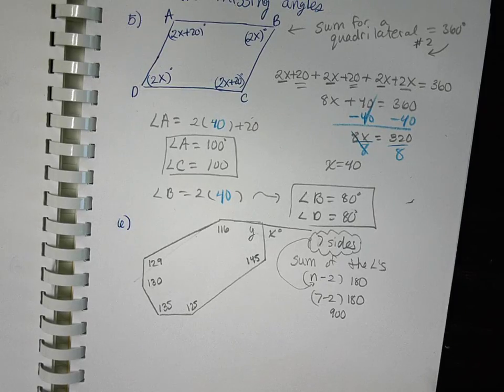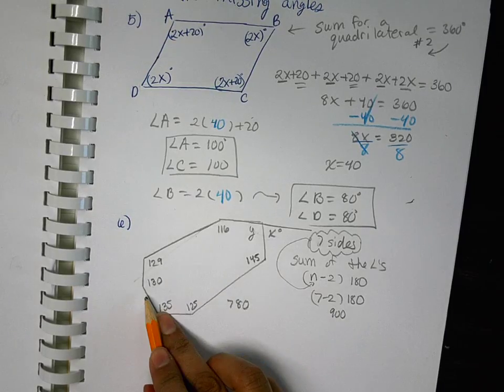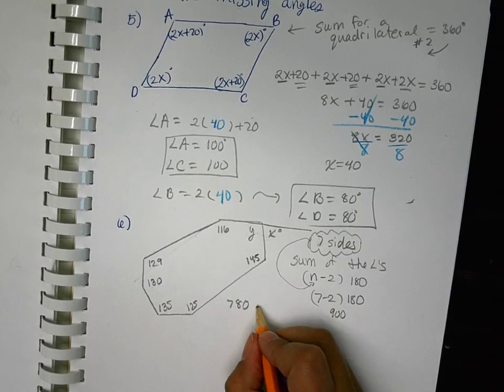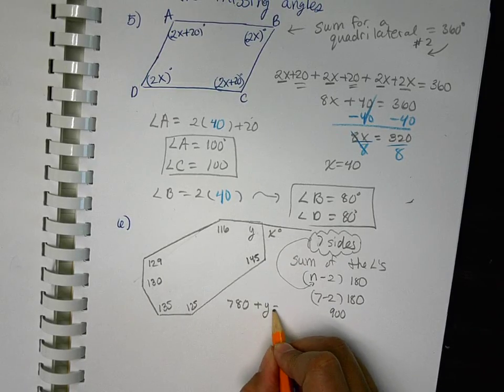What is it? 780. So is 780 my final answer, or just the sum of these angle measures? So 780 plus y equals 900.